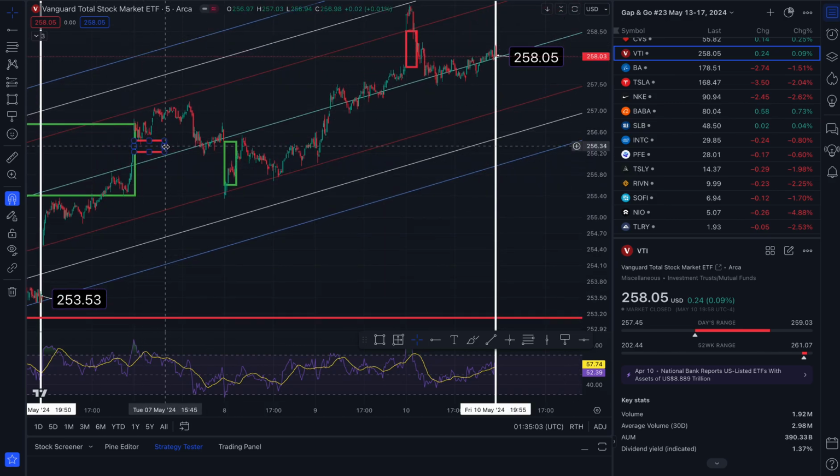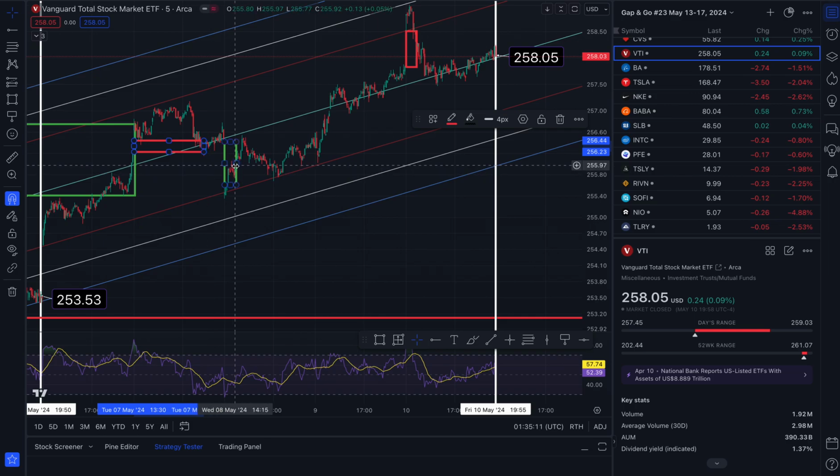So that's done. This one opened up and closed to the downside, no longer a threat to our account. Of course, other threats, 256.21. This one closed right there at roughly 256.42. We hit resistance from here. This gap acted as a magnet.